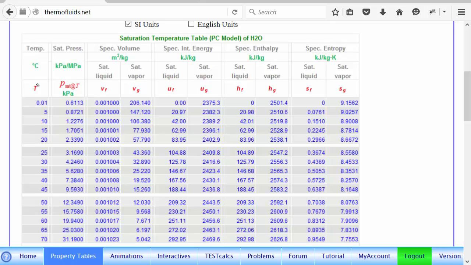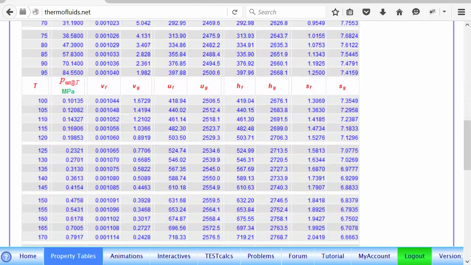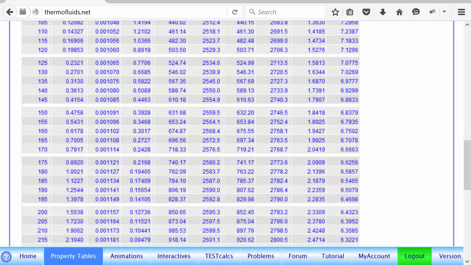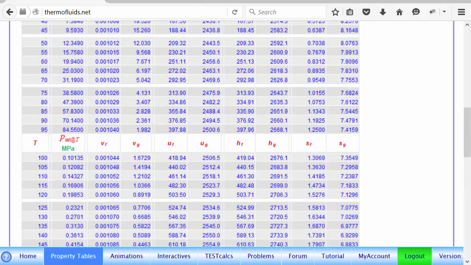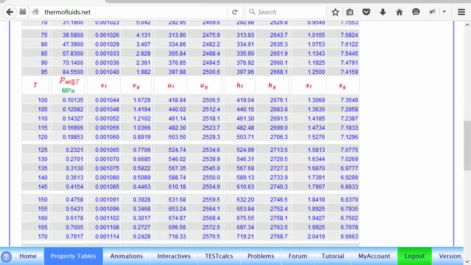So because in this problem the temperature is given to us, 200 degrees Celsius, we can go and pick up the properties of F and G states. Notice how they are arranged: Vf, Vg, Uf, Ug, Hf, Hg, etc. And the corresponding pressure is listed on the second column. So to find enthalpy of the saturated liquid, it must be the Hf column at 200 degrees Celsius.